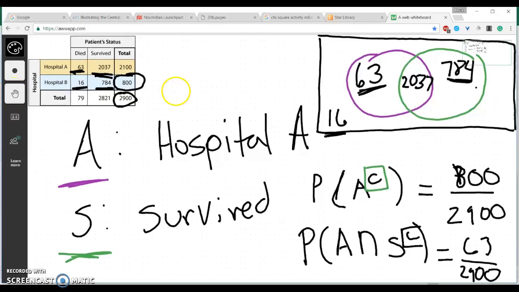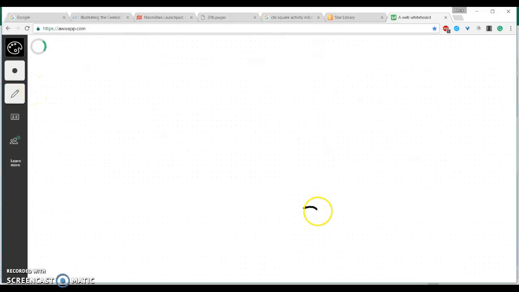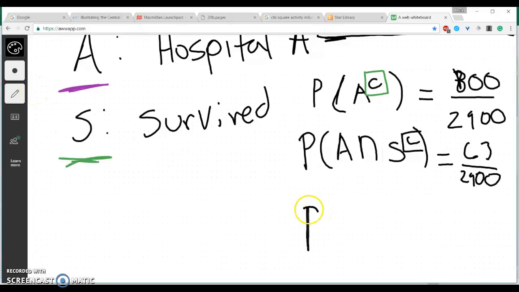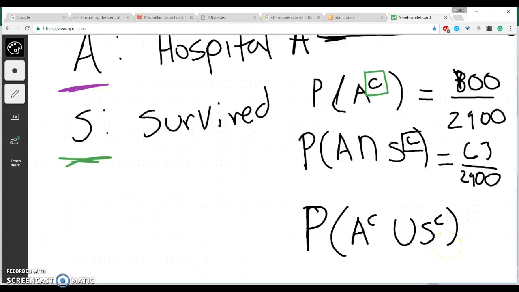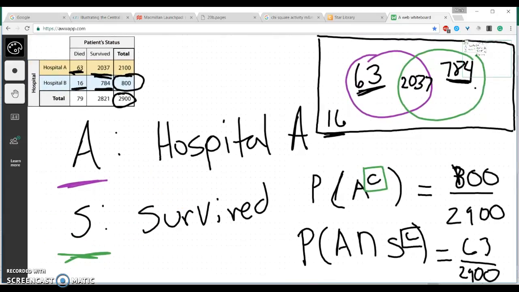Let's do one more tricky one. Let's take this probability: the probability that they are not in A or they are not in S. This one is pretty tricky if you think about it, because in "or" statements it means either one being true is enough.